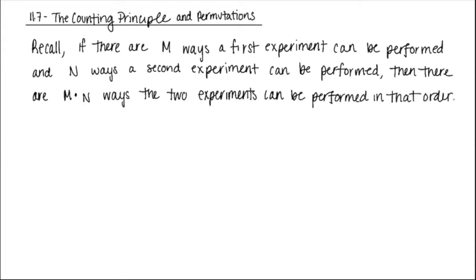And the same holds if I have 3 experiments, you multiply the number of ways. 4 experiments, multiply the number of ways.